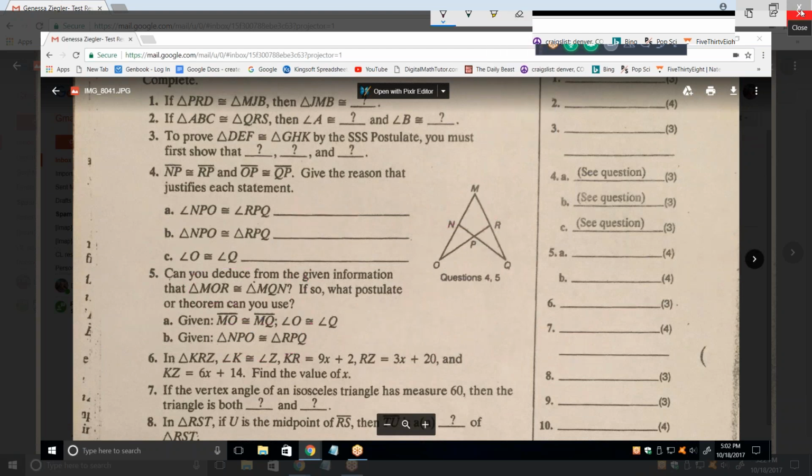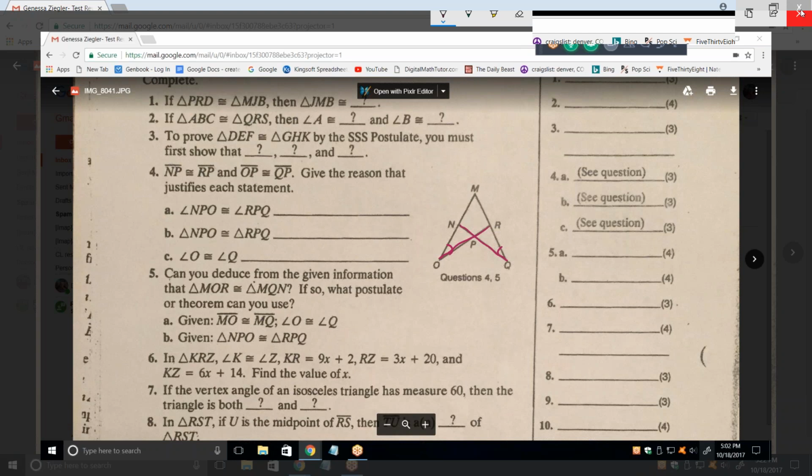But it says, if so, what postulate or theorem can you use? So for B, what postulate or theorem can you use? Well, let's see. We proved that that is congruent to that because those two little triangles are congruent. We also proved that OR is congruent to NQ because the segments are equal.